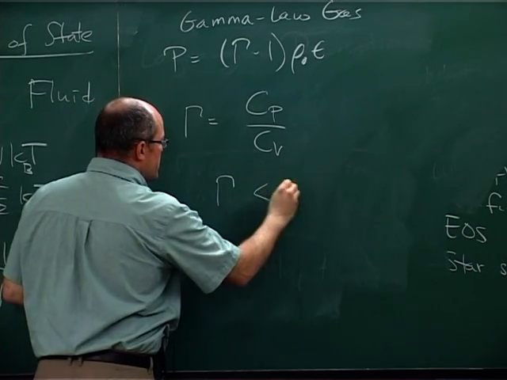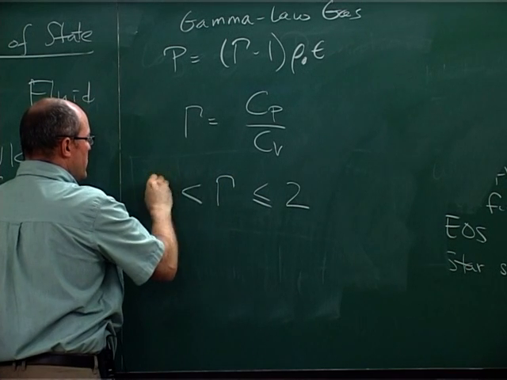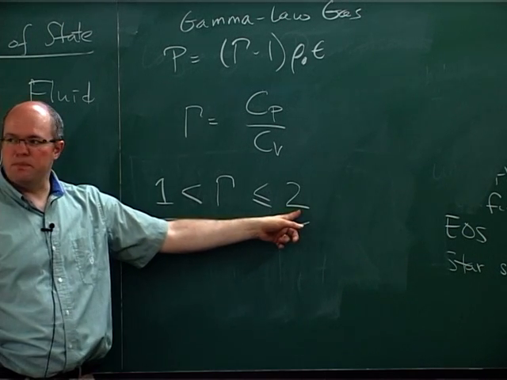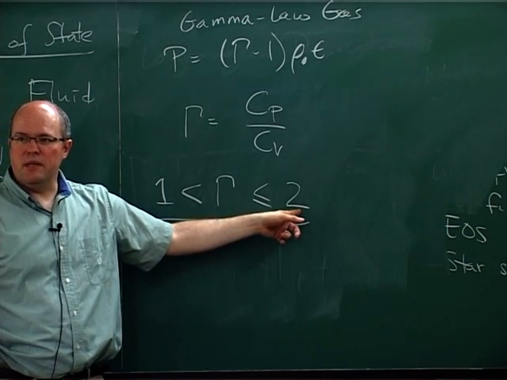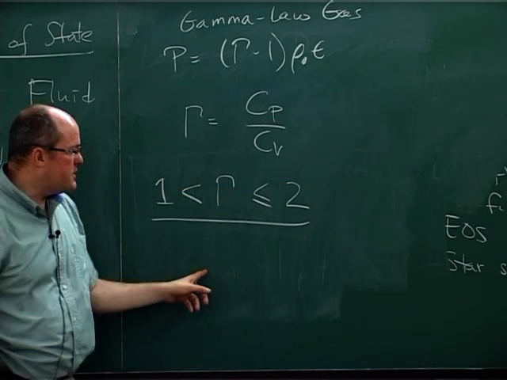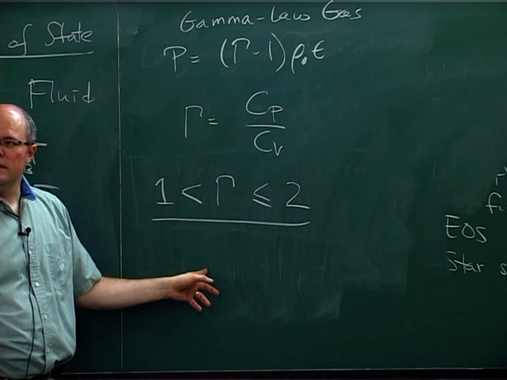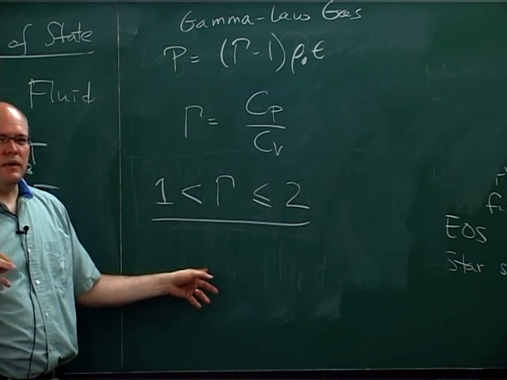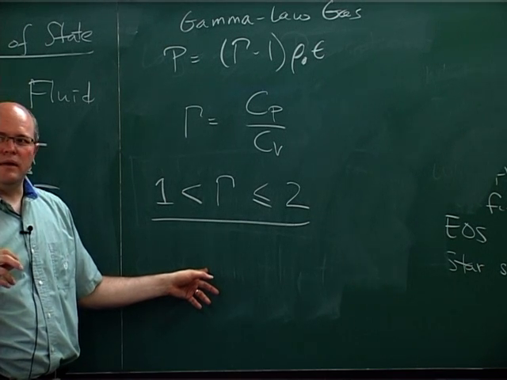For our purposes, gamma will be in this range. And this constraint comes from the speed of light. The speed of light, or I'm sorry, the speed of sound for this equation of state is simply gamma minus 1, right? Is that right? No, I'm confused.